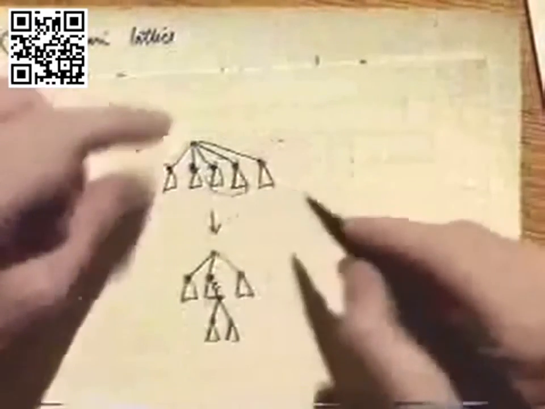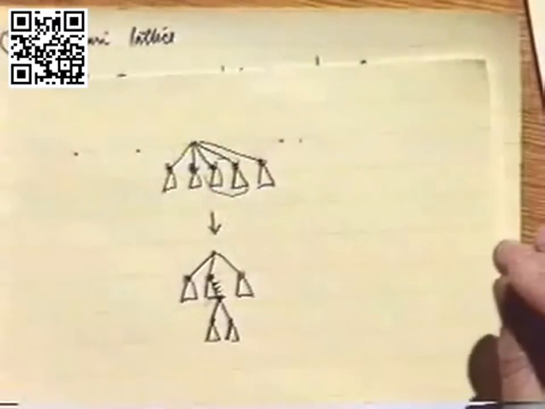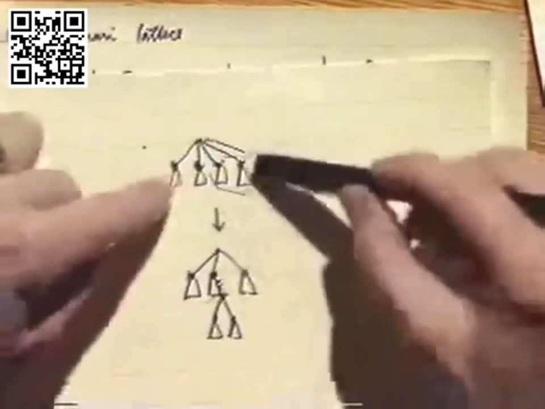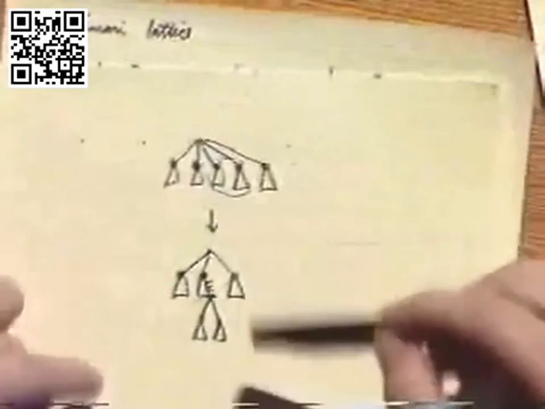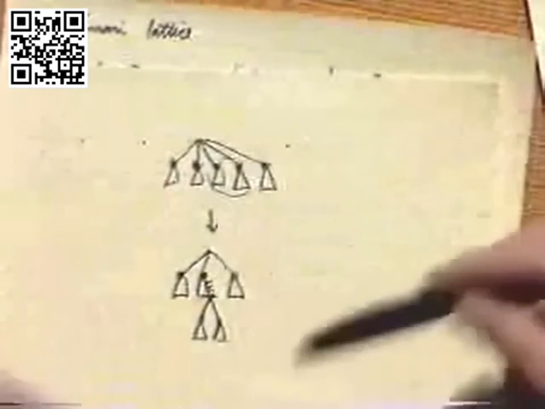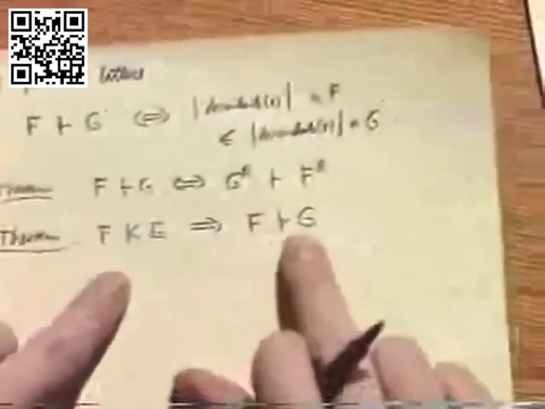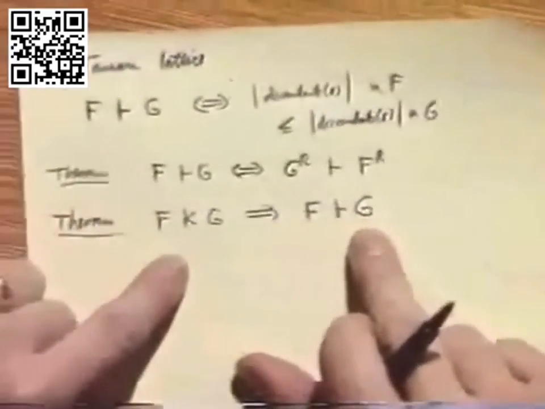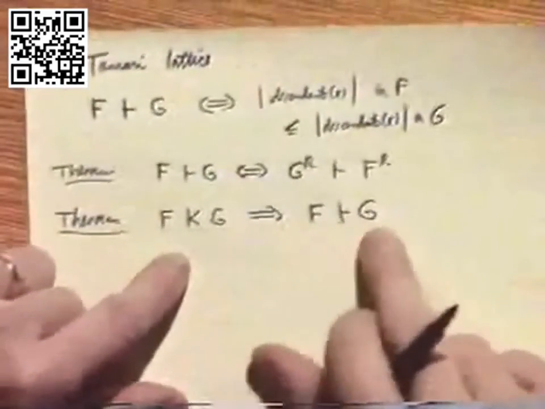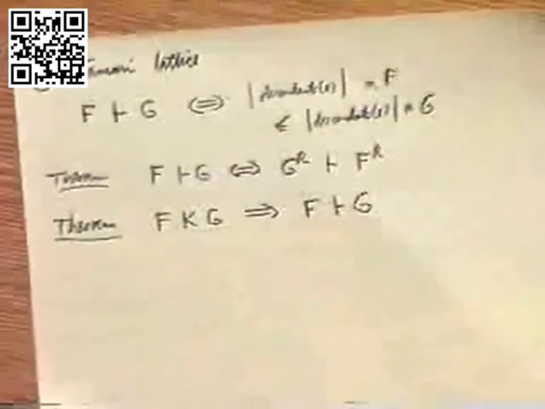But inside the rest of the diagram, the Tamari coordinates haven't changed. So by going from here to here, I increase some Tamari coordinates. I don't decrease any Tamari coordinates, and that's why it's less than the other one in Tamari land, because the Tamari definition is based on the coordinates entirely. Okay.